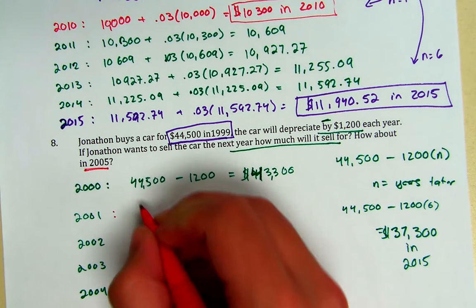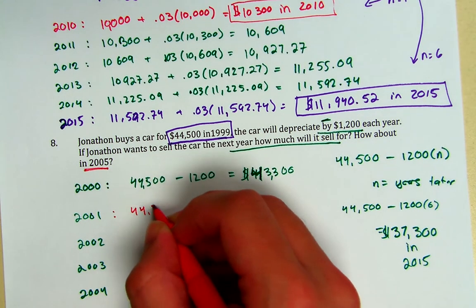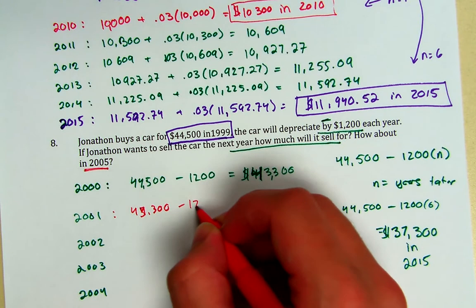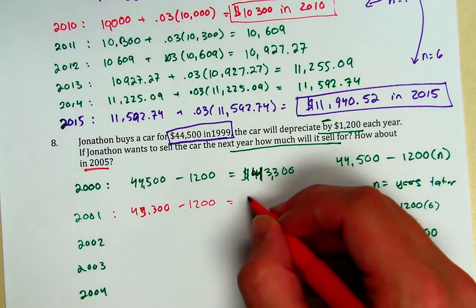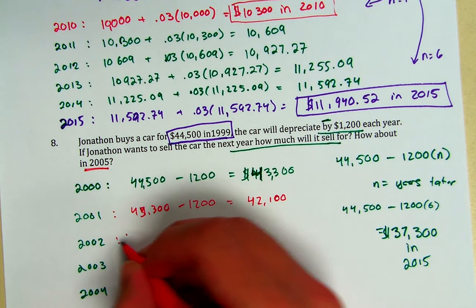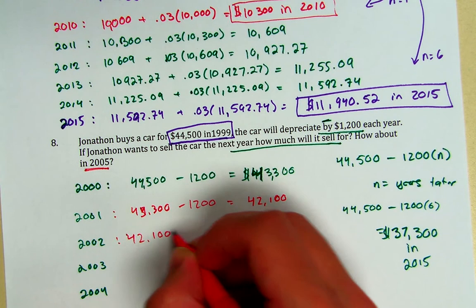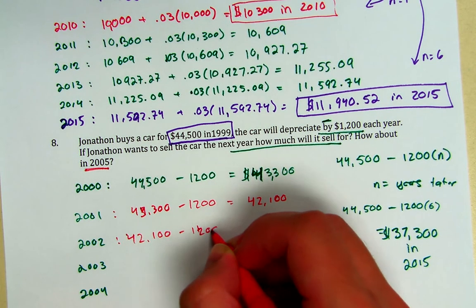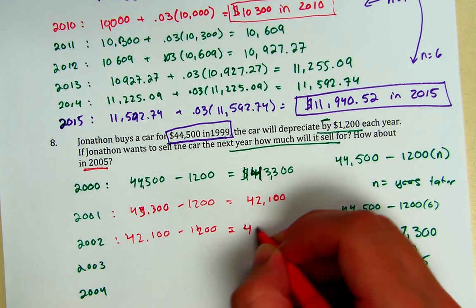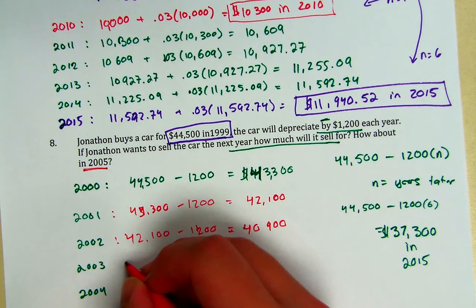We can take our last amount, 43,300 minus 1,200. That will land us at 42,100. Again, 42,100. We're going to subtract out 1,200 to get us to 40,900.